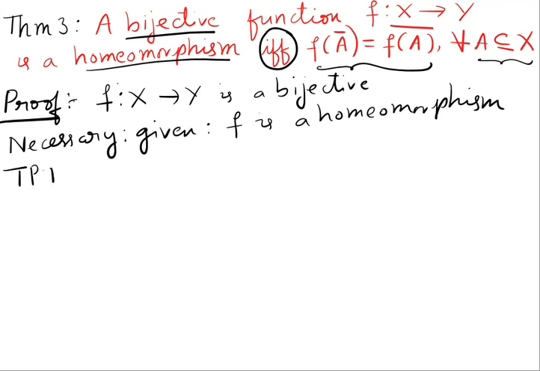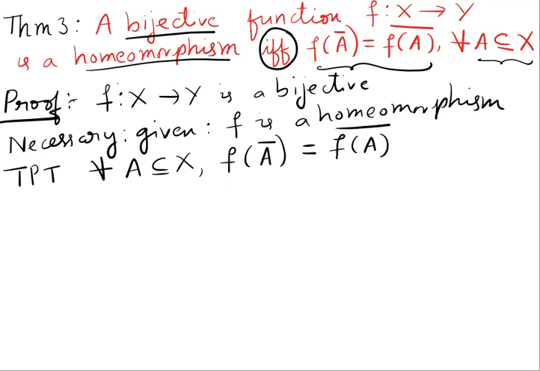To prove that for all subsets A of X, f of A bar is equal to f of A whole bar. Now, we have to prove these two are equal, right? Have you seen this somewhere? Do you remember?